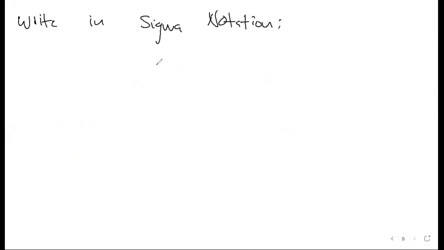So if I gave you something like this, I want you to write this in sigma notation. Well, I'll do the first one, and then I'll give you another one that you do. So here we go.